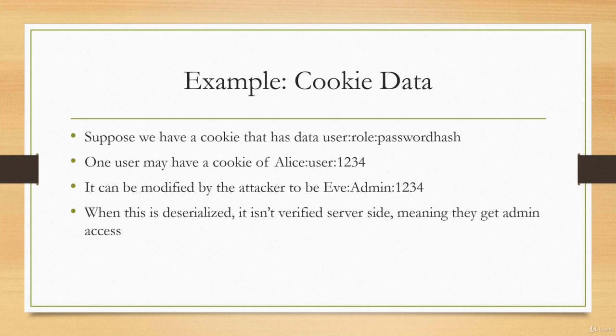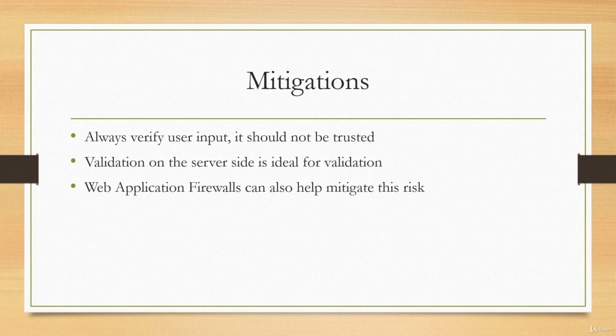So this is a very common way that object deserialization might be used to exploit a system for escalation of privilege. The main way to mitigate this sort of problem is to always verify user input. In the cookies example, when we send off that cookie and it gets deserialized by the server, the first thing the server should do is take that data and verify it against a database or something that it stores and has control over to see if that user is actually an administrator or not.